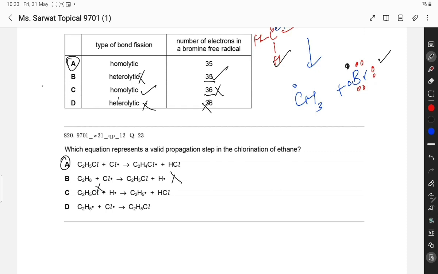So these are not propagation, this is a termination step, so A option is correct option.